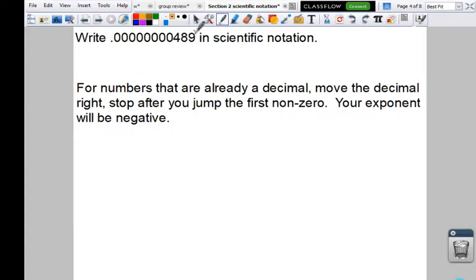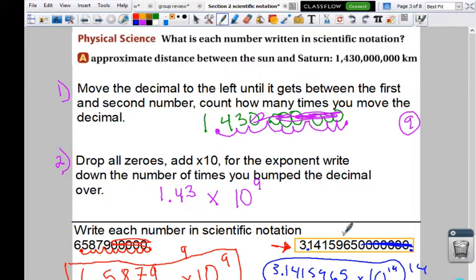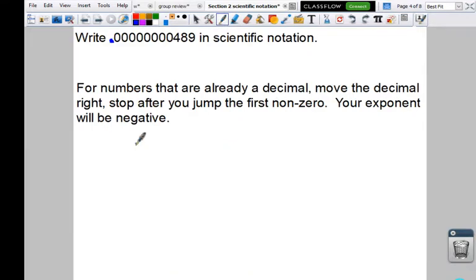So I've got this really long one, right? I've got my decimal here in the very front, and so it's slightly different. Before, on all these other ones, my decimal was at the right side, and I had to move it to the left. This time around, it's already on the left, and I have to move it right. So it's going to be almost exactly the same, but we have to tweak our steps a little bit.